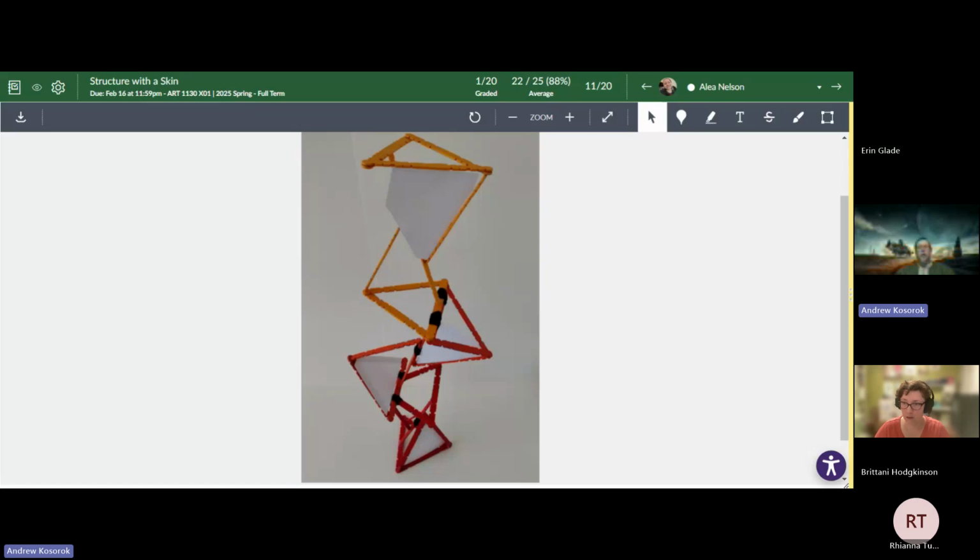I'm sorry, Brittany. What were you saying? With it not being framed on all the sides, it kind of makes me think that we're meant to assume that it's... I'm trying to think of a good way to say it.